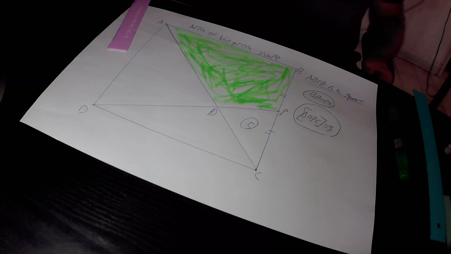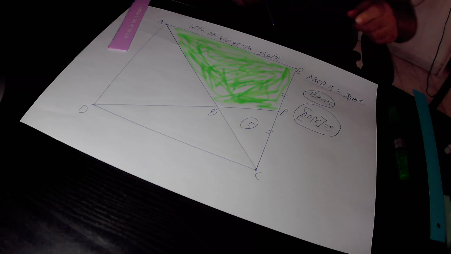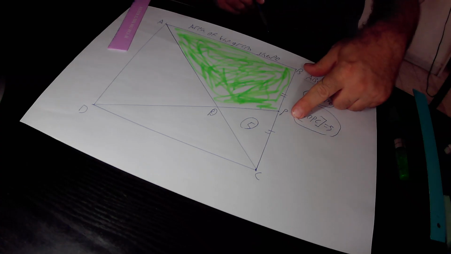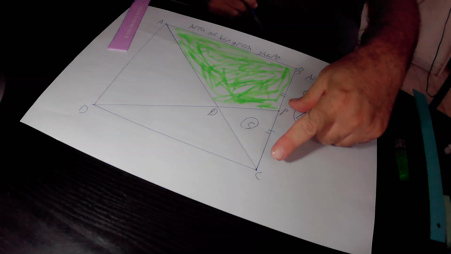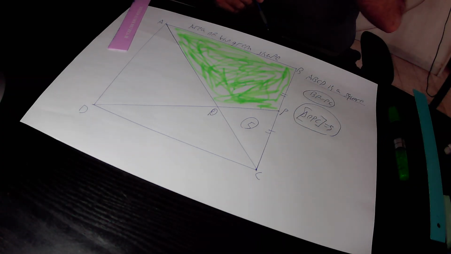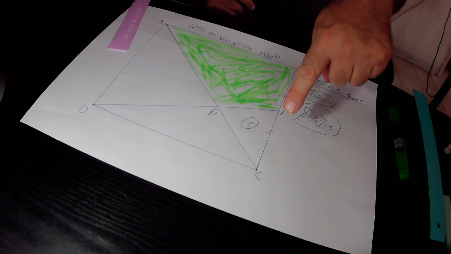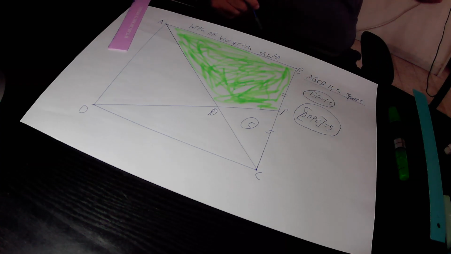So in the drawing we have square ABCD, and we know that this is line segment BP, that is equal to line segment PC, and we also know that this is triangle OPC, that is equal to 5 square units in its size, and our mission is to find out the area of this green shape.